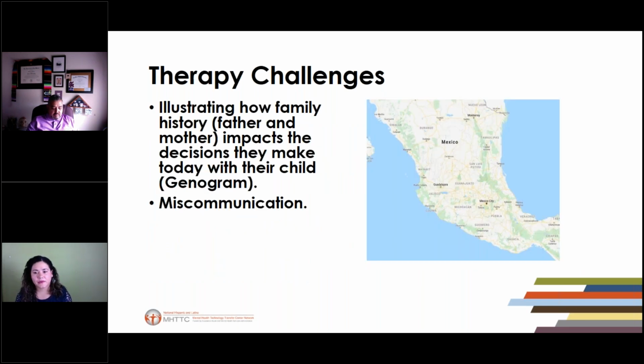So, illustrating how their parents' history impacts the actual behavior that they were presenting, also how it impacts how they were parenting Marcela, and the miscommunication and sometimes lies between each other.